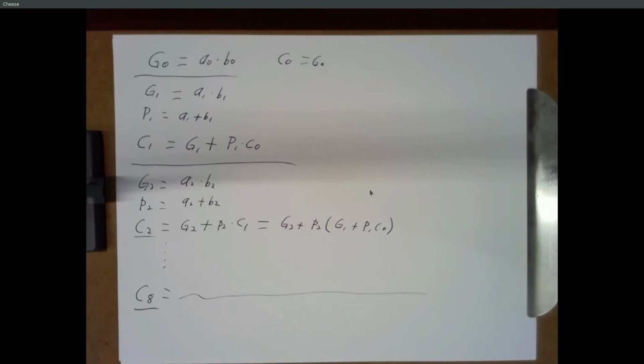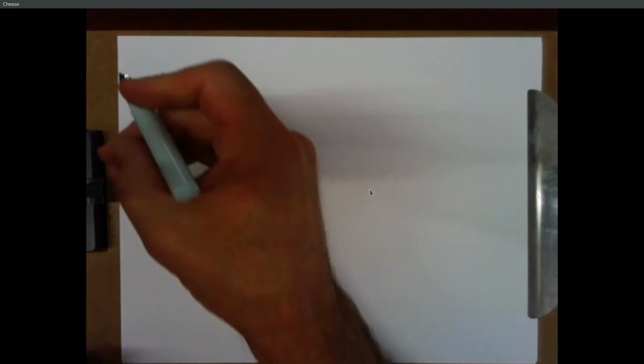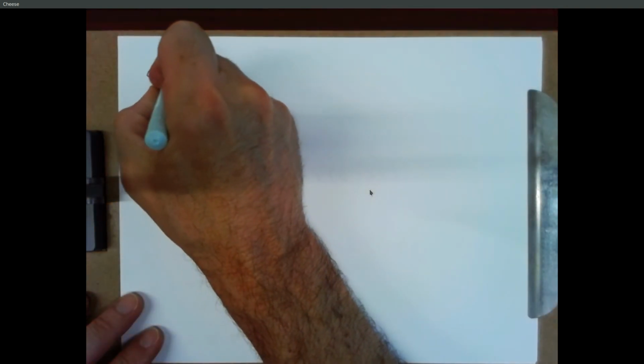It's basically using some Boolean algebra magic to figure out what the carries are ahead of time. So hold that in mind, and let me show you the even cooler version of this, which is called a carry save adder.